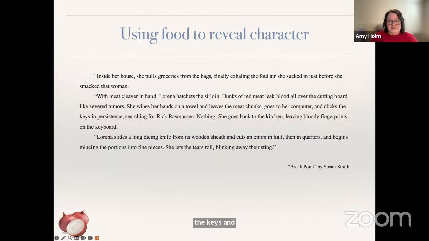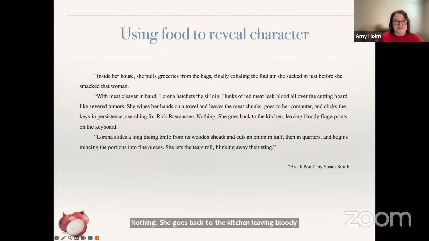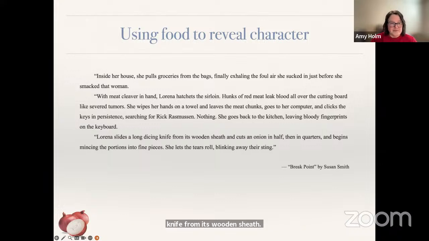Nothing. She goes back to the kitchen, leaving bloody fingerprints on the keyboard. Lorena slides a long dicing knife from its wooden sheath and cuts an onion in half, then in quarters, and begins mincing the portions into fine pieces. She lets the tears roll, blinking away their sting.